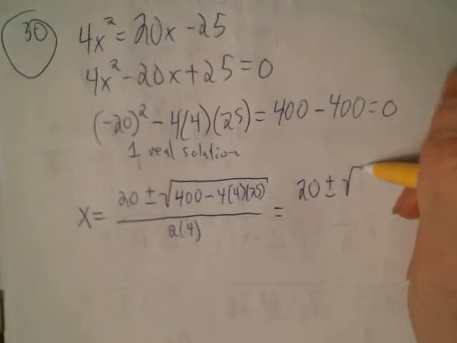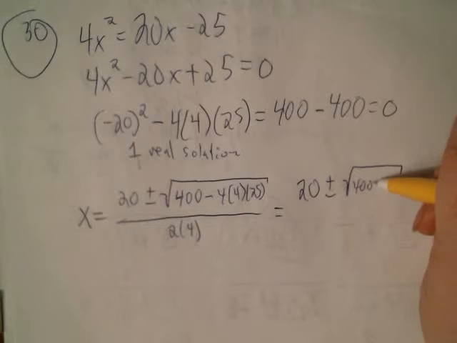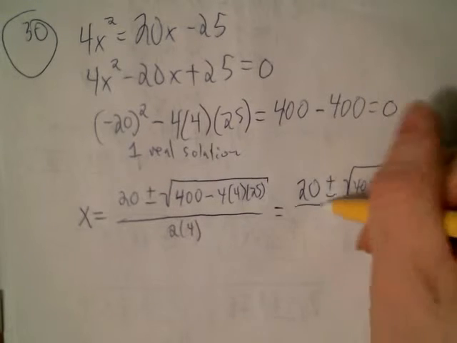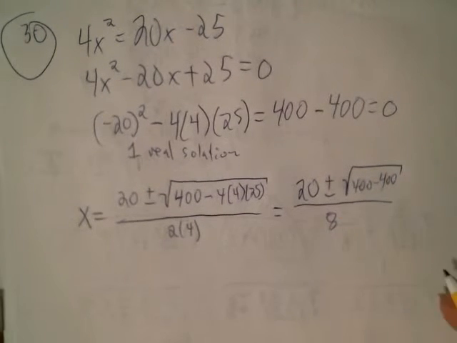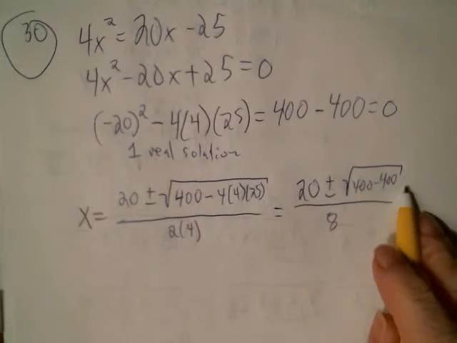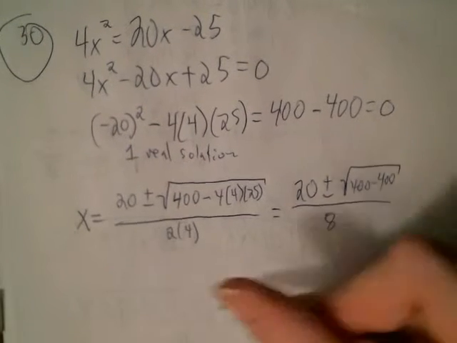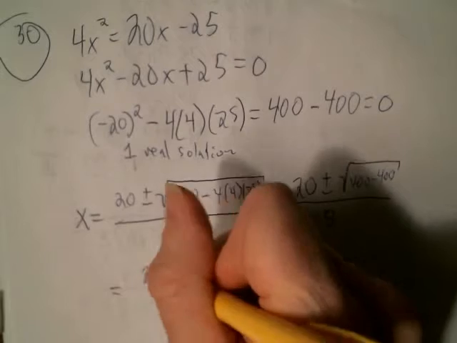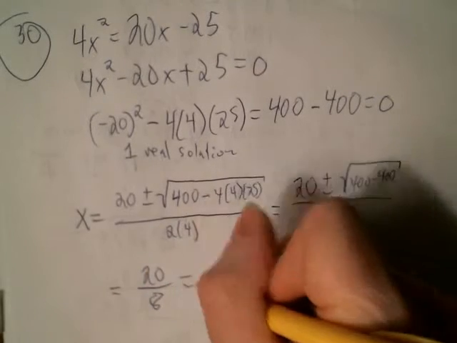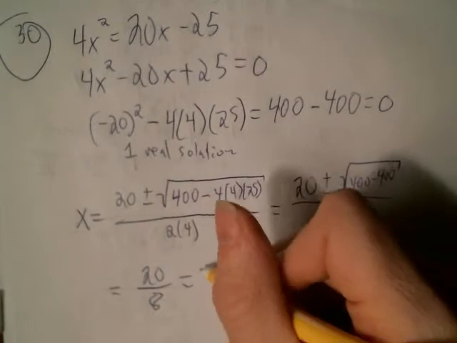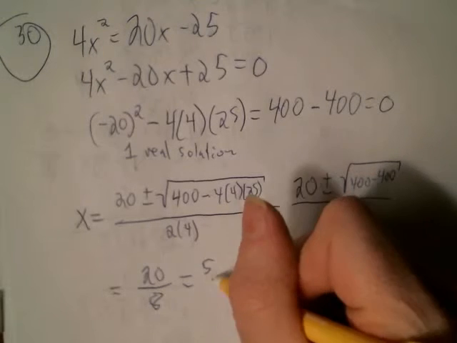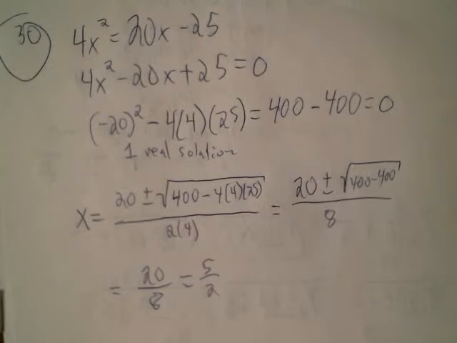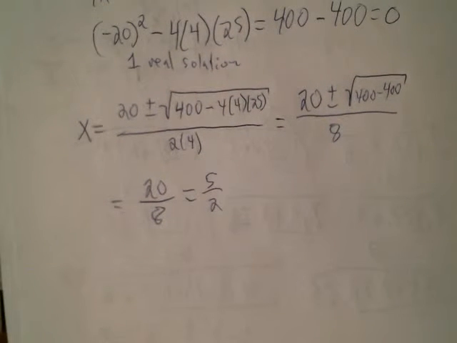From above, we saw that was 400 minus 400 all over 8. So it's basically going to be 20 plus or minus 0, which is just 20 all over 8. And you just have this one solution: 5 over 2.